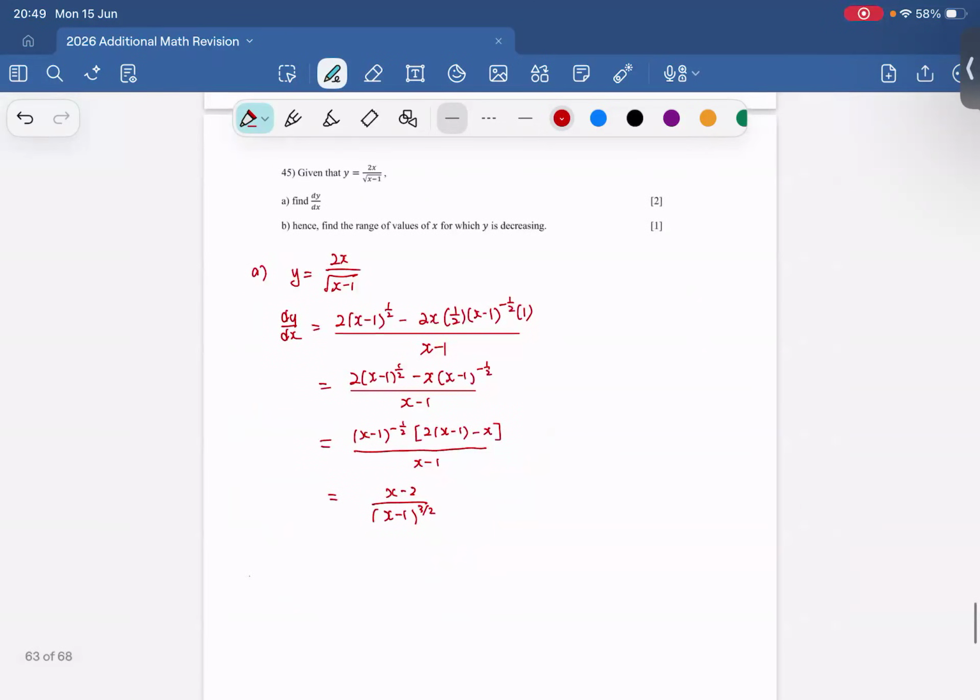Hence, find the range of values of x for which y is decreasing. When y is decreasing, we know that dy over dx is less than 0. So we have this.